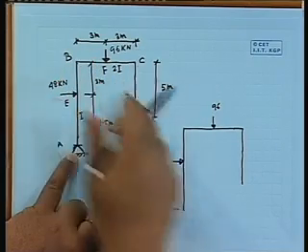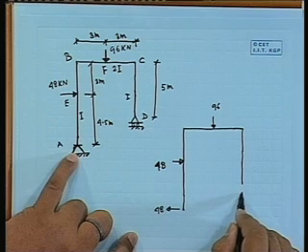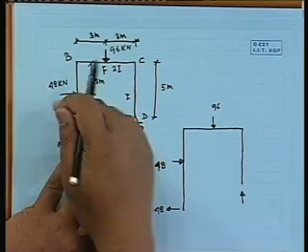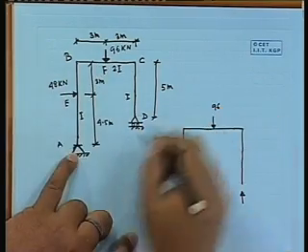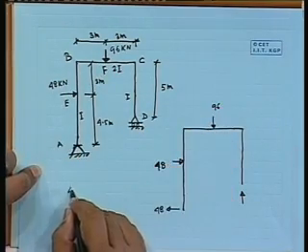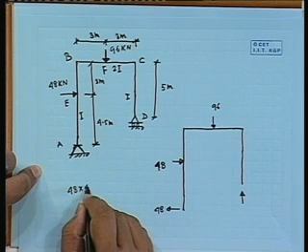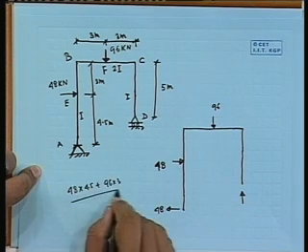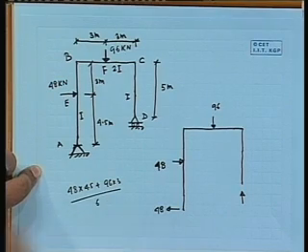So, it will be both clockwise. So, there will be a reaction. Okay. So, it will be how much? It will be, say if we write, 48 into 4.5 plus 96 into 3 divided by 6.